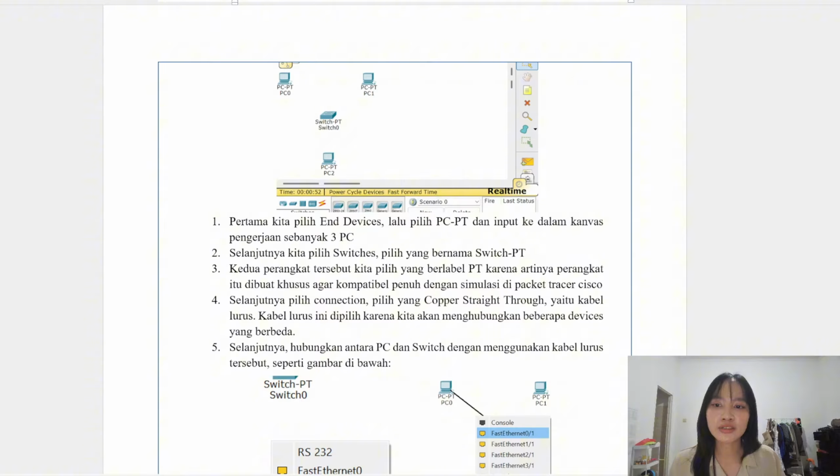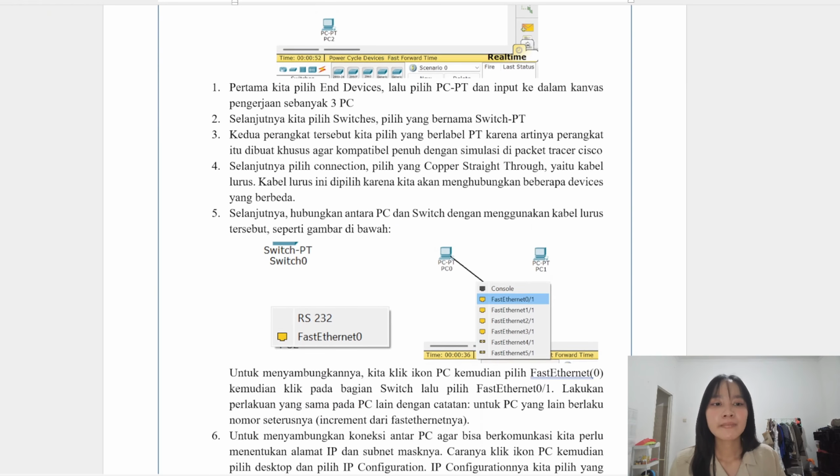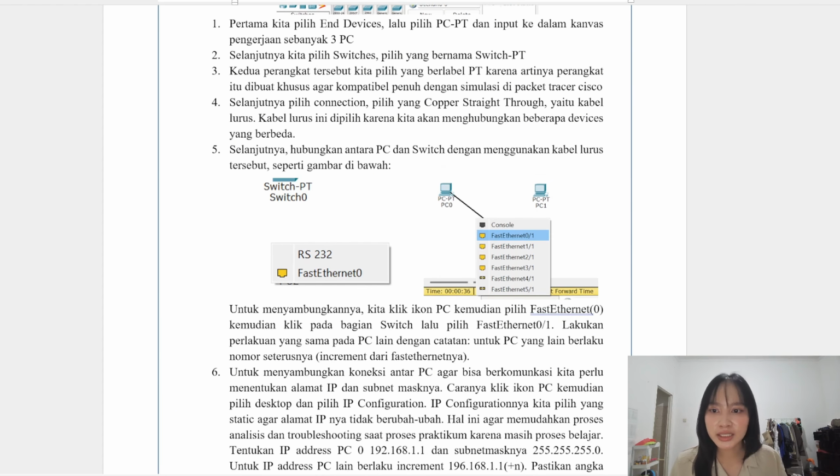And next we select switches, just the one named switch PT. And we have to select the connection type and we choose copper straight-through, which is a straight cable. And we have to connect the PC and switch using the straight cable as shown in the image below.